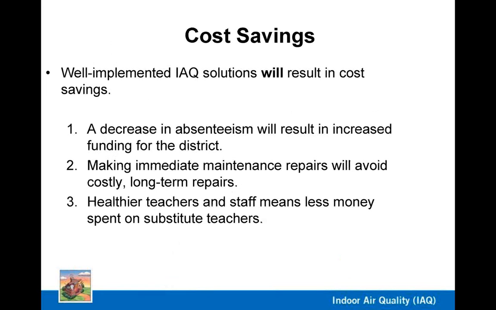And without question as well, cost savings are a big driver in higher performing buildings and why we do a lot of the work that we do. Decrease in absenteeism has been shown in better quality buildings and higher performing buildings, as well as the ability to defer maintenance and replacement costs.